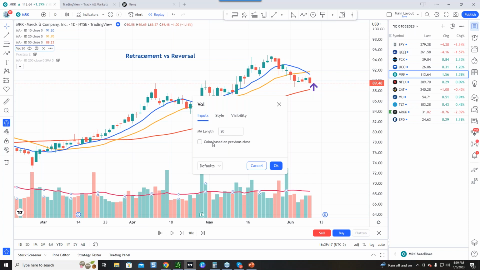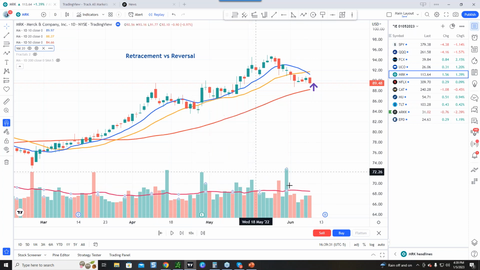So I've got a mean, a statistical, symmetrical analysis of data. I've got a 20-day moving average of volume. This is the number of transactions or shares bought and sold. This is not dollars and cents. Volume is the number of shares traded.